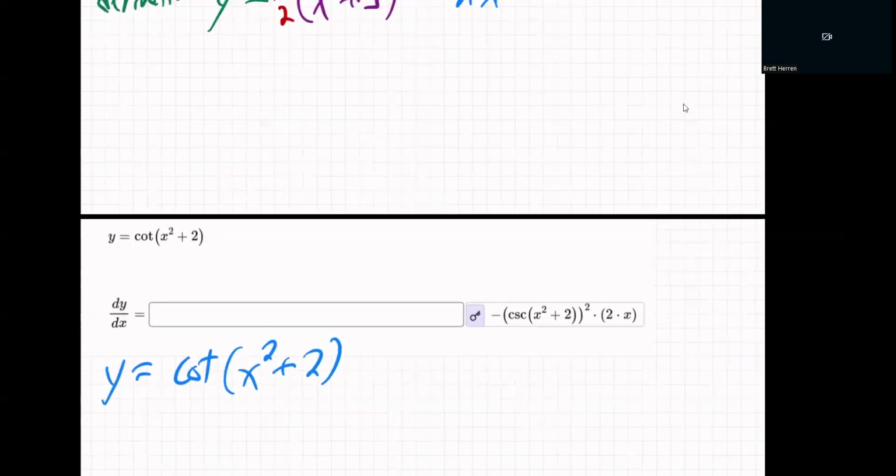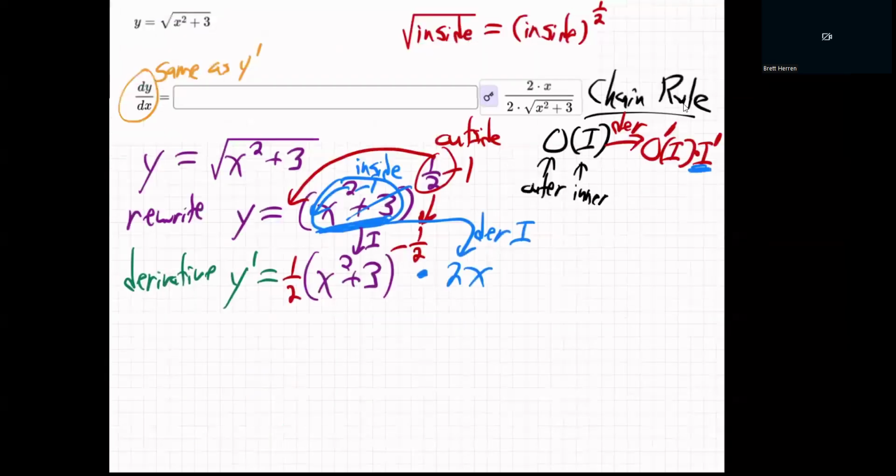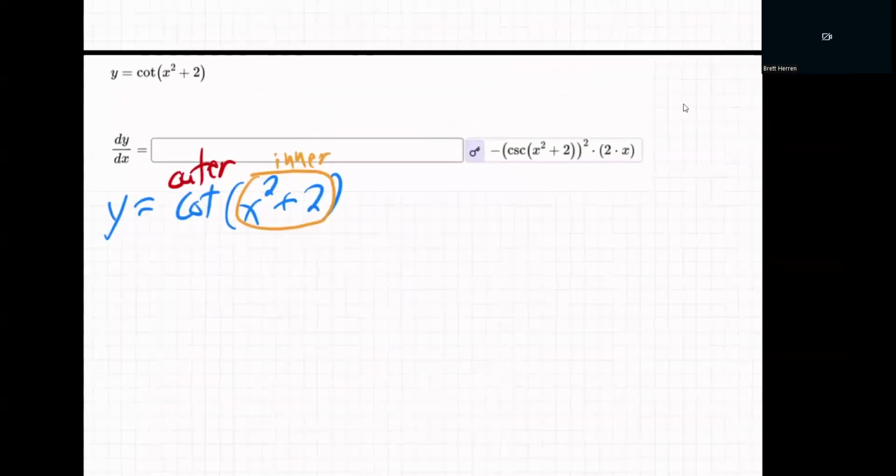So this is the outer layer, and this here is the inner layer. You could have a square root kind of function, or you might have something like this. So then if you're going to do the derivative here, you got to do the outer first, right? So chain rule says, what's the derivative of cotan?